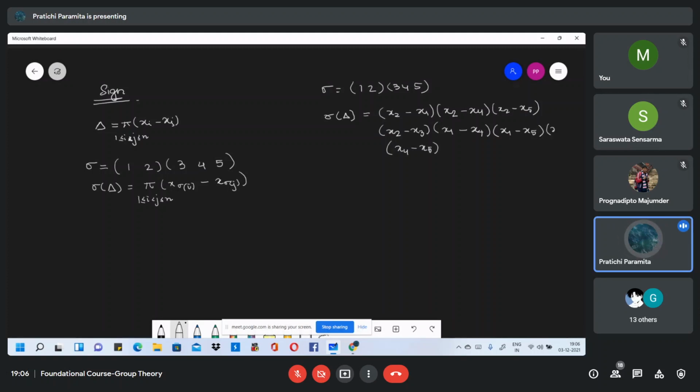And sorry, here it will be x3 also. And here I'll get x4 minus x3 for j equal to 5. Then I have i equal to 4. I'll get x5 minus x3. Is that fine? Or should I just repeat this once more?